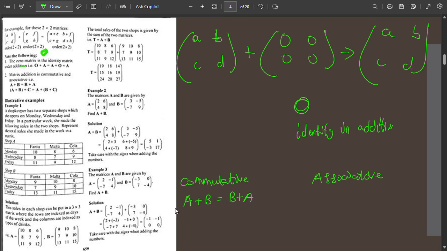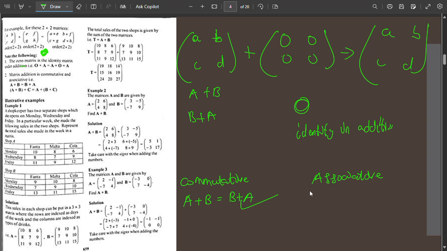What this means is, if I add A to B, and in the next example I do the same thing by adding B to A, I get the same answer. That is the commutative property. So in matrix addition, if I ask you to compute A plus B, and you intentionally or mistakenly compute B plus A, you have nothing to worry about, because matrix addition is commutative. So you can turn them anyhow and still get the same answer.